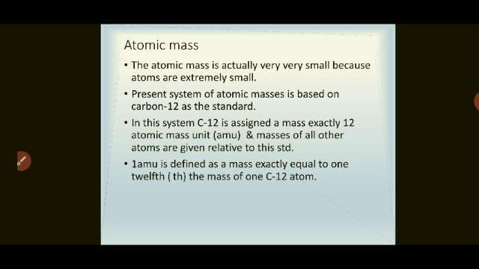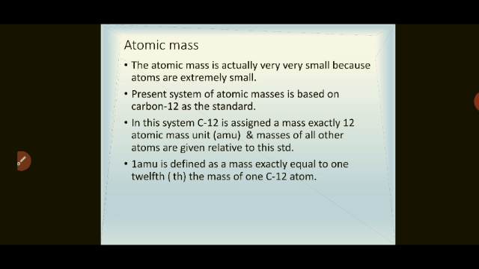Usually out of 100, if a student gets 35 marks, we say he or she is pass. Means we are taking one standard, and by comparing with that standard, we are showing the other results, right? So while measuring the atomic mass also, one standard is taken, and that is nothing but C12.